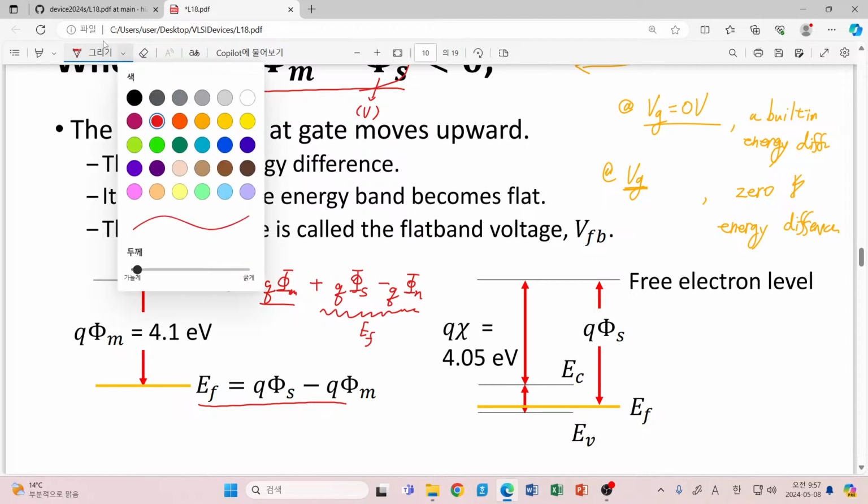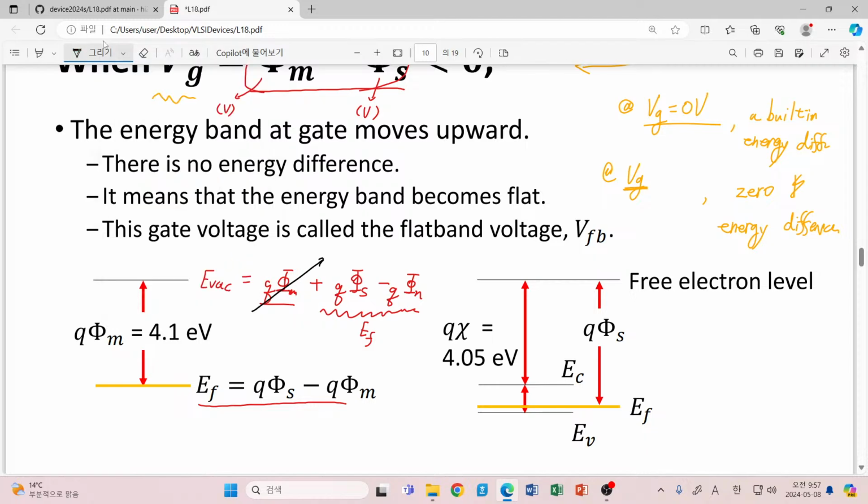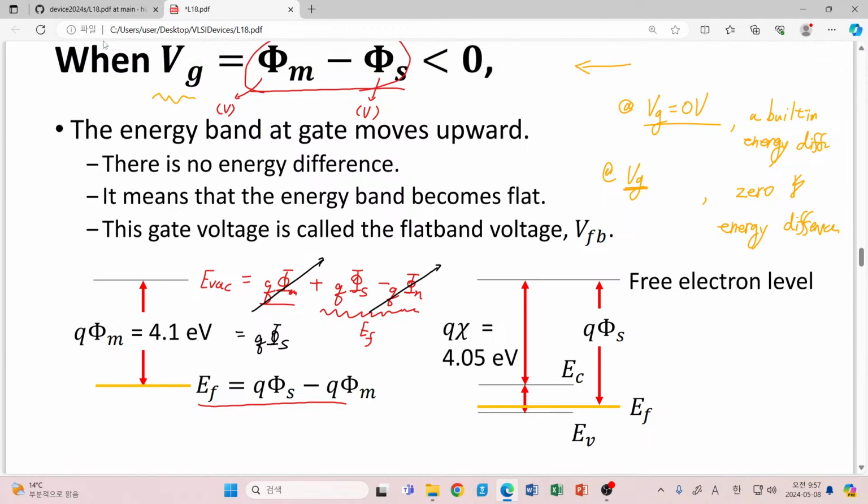Then you can easily understand this guy and this guy are cancelled out. We intentionally made it, so the vacuum level becomes just q times phi S. So now we have perfectly balanced vacuum levels both in the gate region and the p-type silicon region.